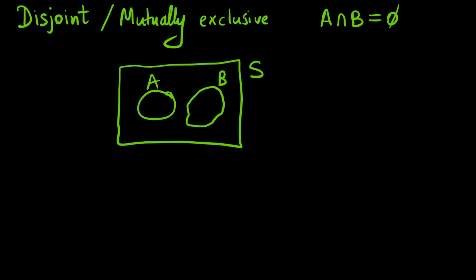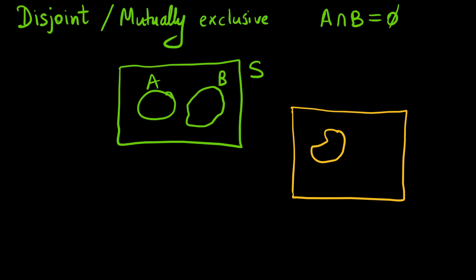And what if now we had three sets, A, B, and C? We need a concept for whether three sets are disjoint.